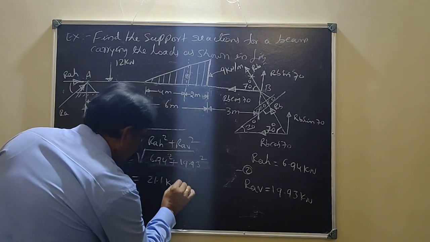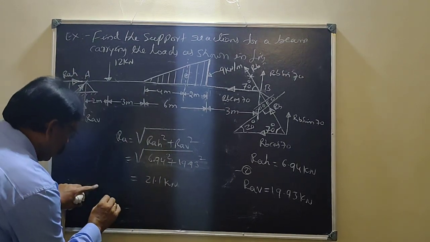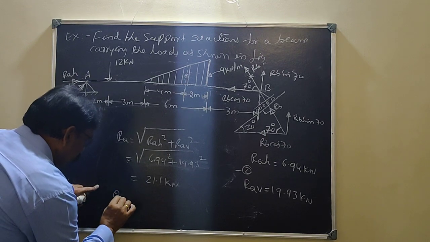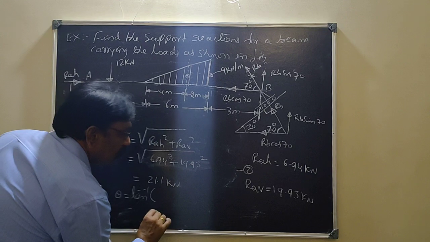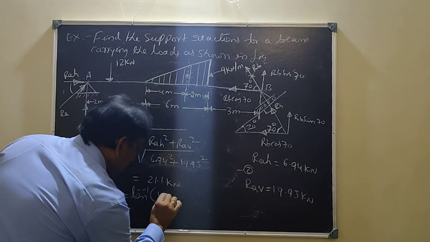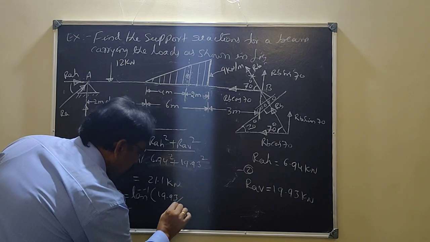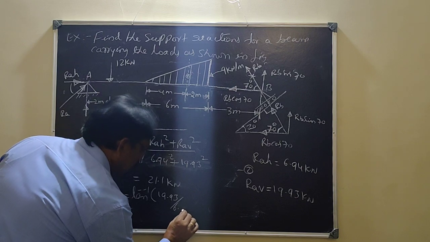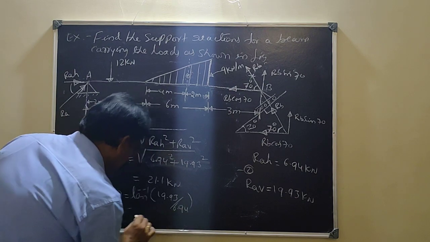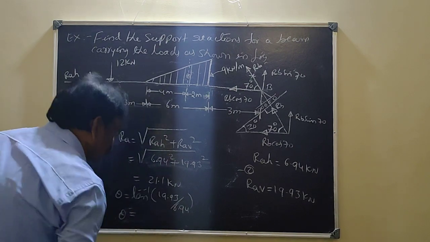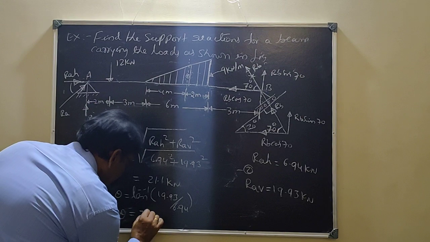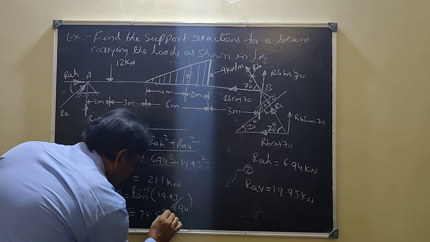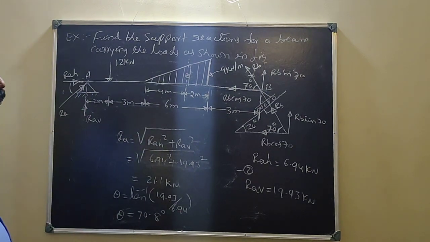Similarly, theta is equal to tan inverse of 19.93 divided by 6.94, so you get theta equal to 70.8 degrees. So this is how one has to solve it.